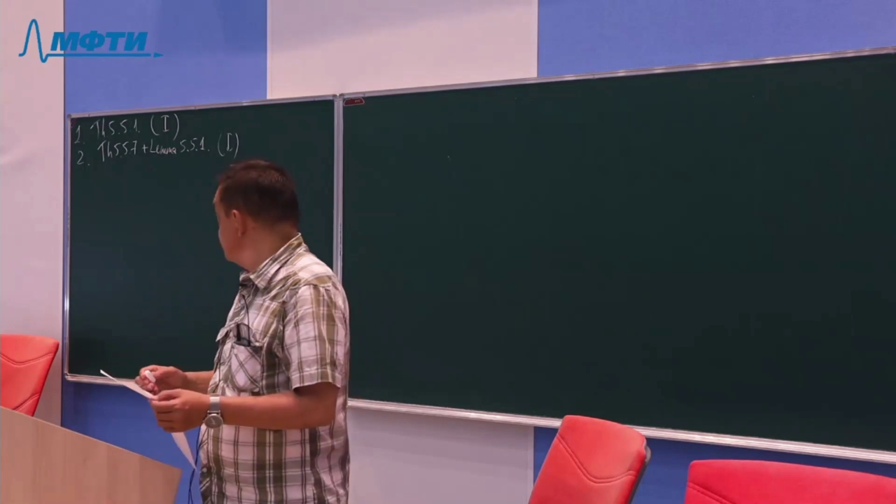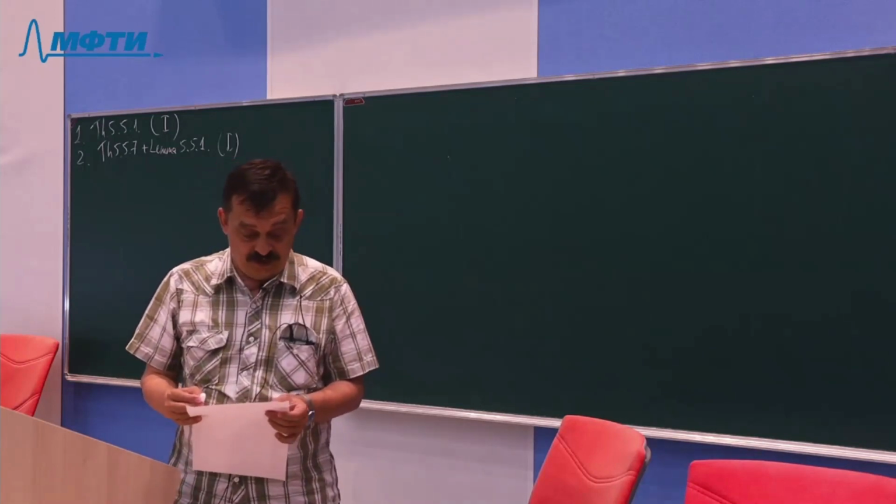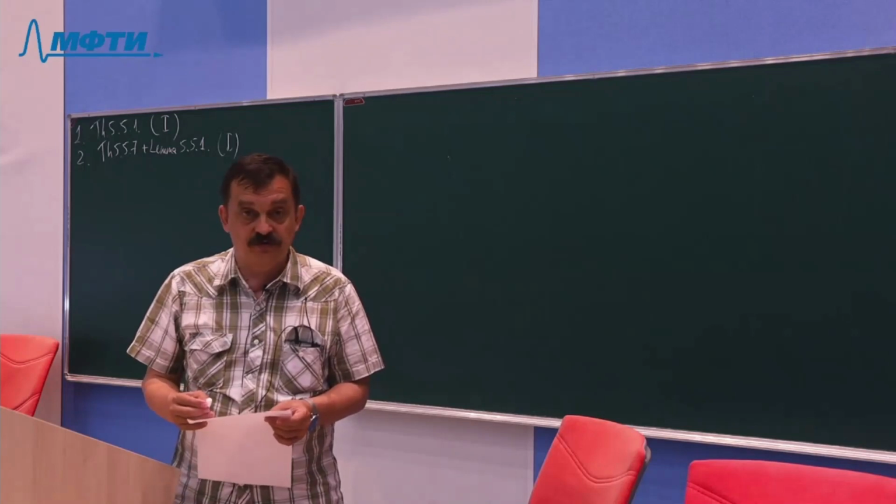So first two questions are about Taylor's formula with different forms of remainder.